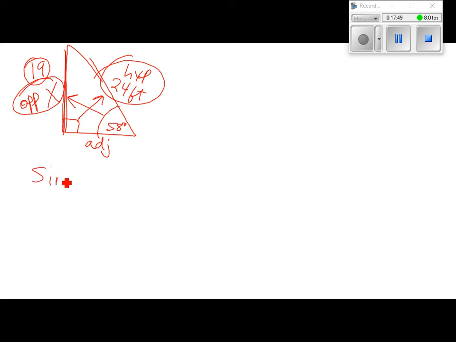So we do the sine of our angle, which is 58, equals opposite over hypotenuse, so x over 24. Grab your calculator and find the sine of 58. Don't hit second this time, just hit sine 58, and you end up with 0.8480 equals x over 24.